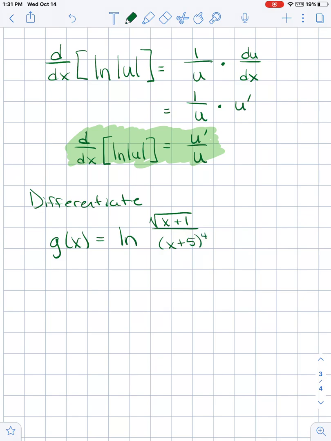Notice that I did not put absolute values around these, and that's because the square root of x plus 1 is always going to be positive. That's the principal square root. And x plus 5 to the fourth, anything to the fourth power, will also be positive.